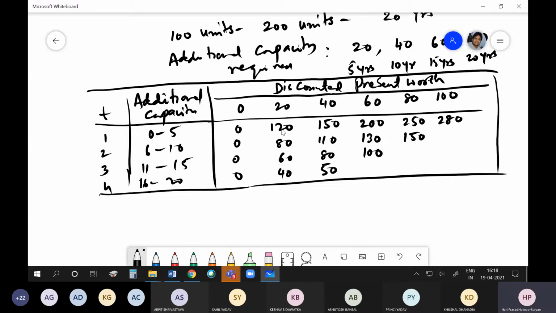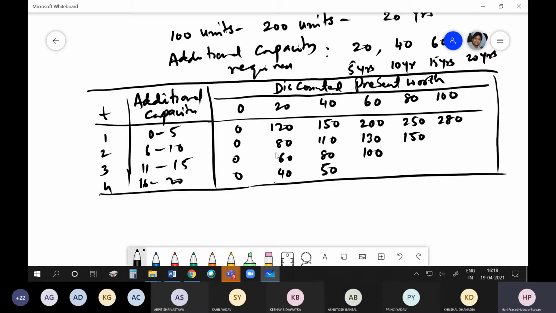That will be less than what is required, because of the present worth rate. If I invest something, let us say 40 units of money right now, at the end of 15 years I expect to multiply it so that I will have sufficient money to increase this. But if I want to increase right now, I have to spend that. So these values make sense; they are not arbitrarily given.